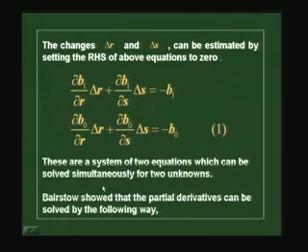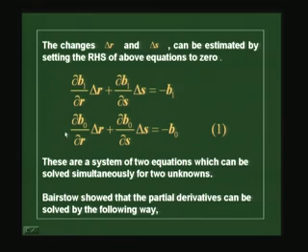That would lead us to an equation of this form: del b1 by del r into delta r plus del b1 by del s into delta s is equal to minus b1, and del b0 by del r into delta r plus del b0 by del s into delta s is minus b0. And this is a simple linear equation, and we can solve this by elimination immediately.